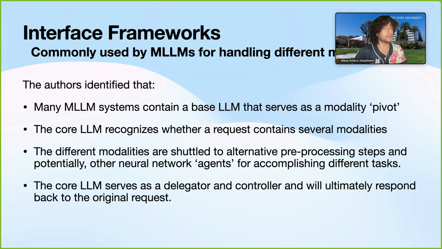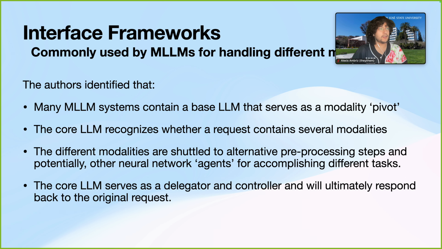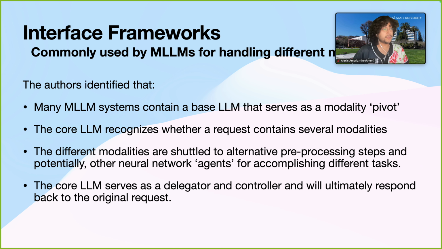So there are different modalities which are data types. So this could be like image or text or video or audio or something else. And then the LLM recognizes what it is and then shuttles it to alternative pre-processing steps and potentially other neural network agents, which we'll see in the LLM aided visual reasoning section, and they accomplish different tasks.